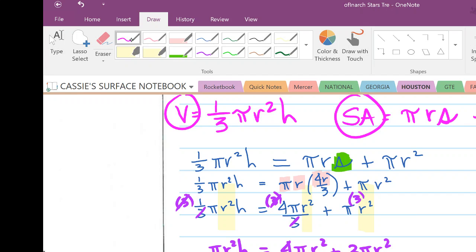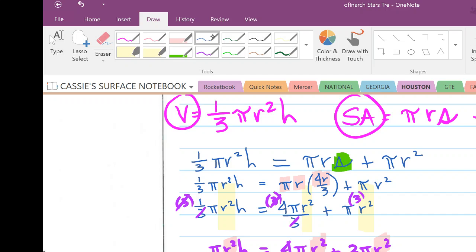The second thing I'm noticing is I've got here an r squared, here's an r squared, and here's an r squared. Now, normally when we're solving equations, we are not allowed to divide by a variable if we don't know what that variable is, because the variable, should it be 0, would make that undefined.